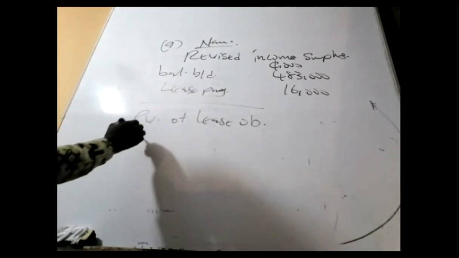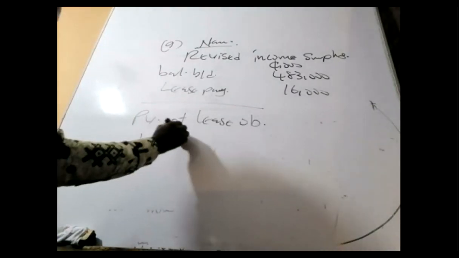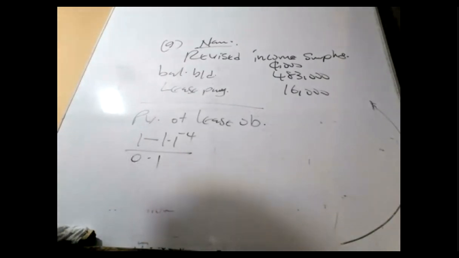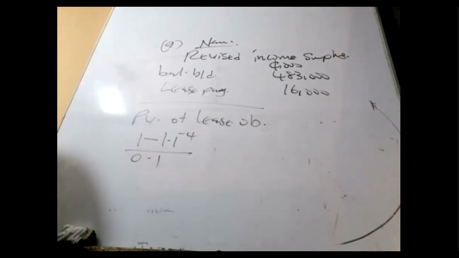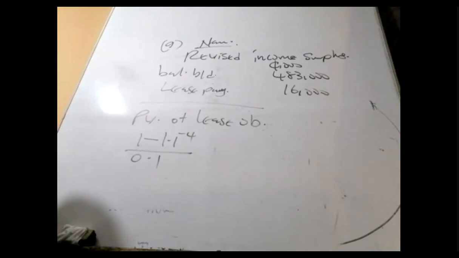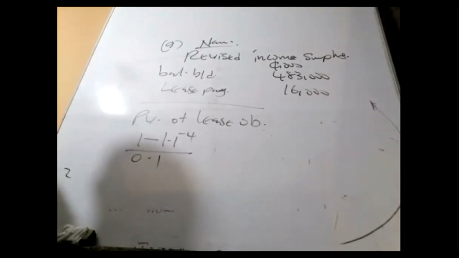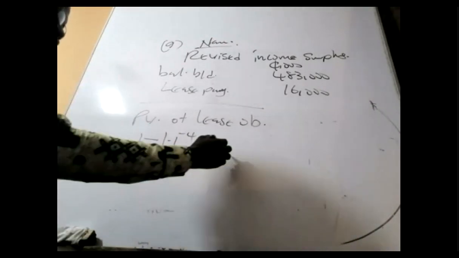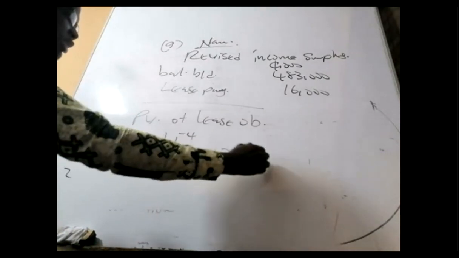This comes back to 10%. So 1 minus 1.1 to the power minus 4, 4 years, all divided by 0.1. What is the discount factor of 4 years? So now, to solve this, the annuity factor will be 3.170.